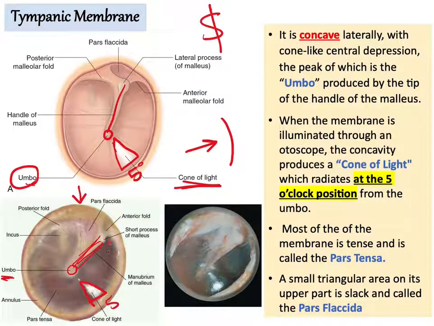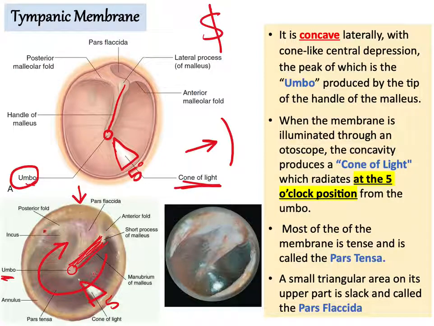Now, because it is surrounded by a fibrocartilaginous ring, and because of the handle of the malleus here that tightens the tympanic membrane, most of the tympanic membrane is tight.